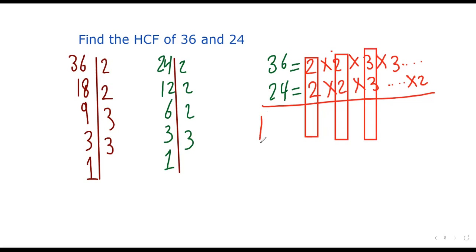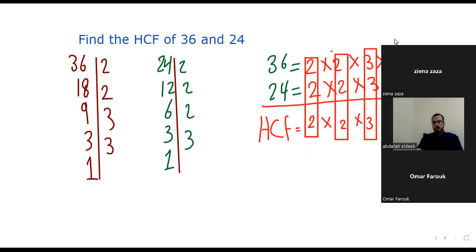And here the HCF will be 2 multiply 2 multiply 3, and 2 multiply 2 is 4, multiply 3 is 12. So the HCF is 12. You got it, guys? Yes. Okay.